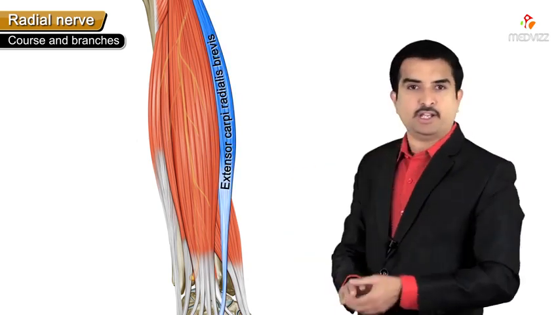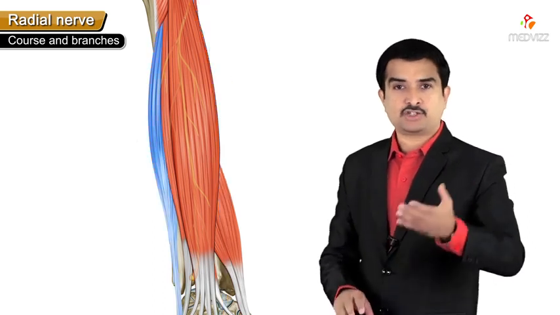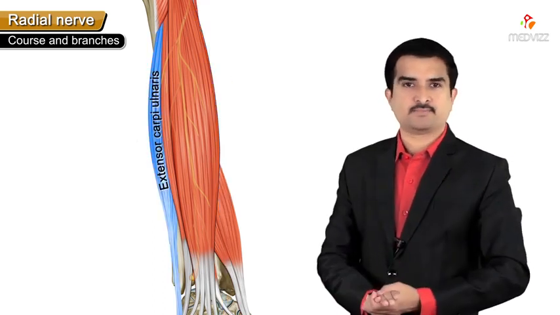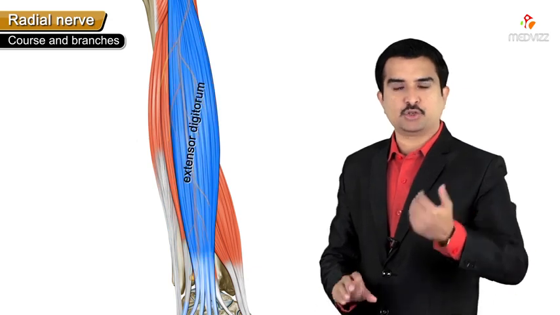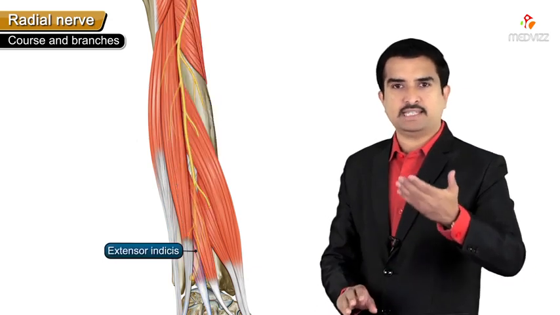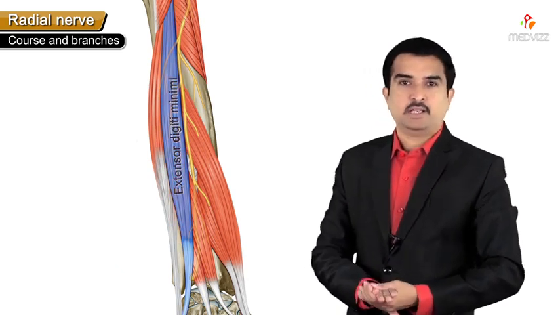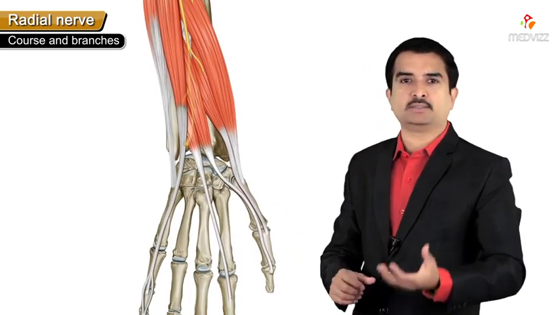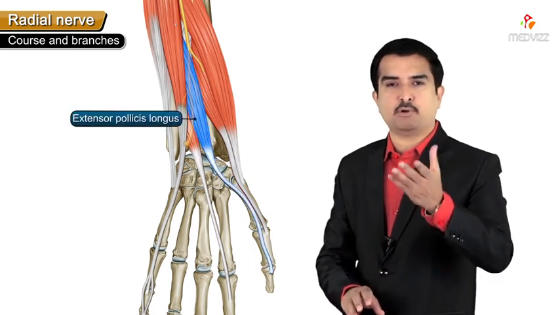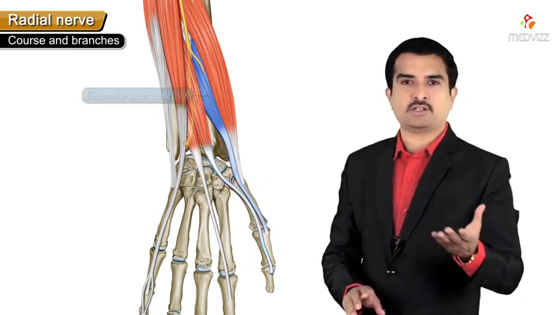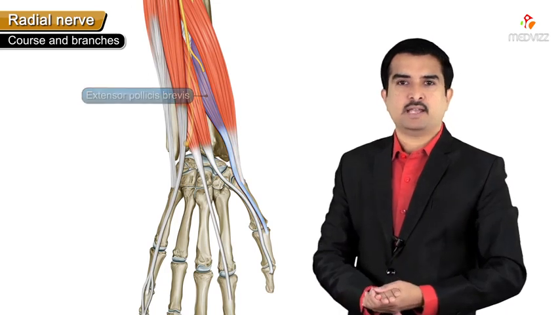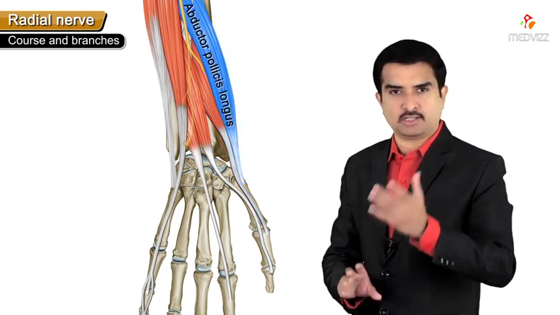Extensor carpi radialis brevis, extensor carpi ulnaris, extensor digitorum, extensor indicis, and extensor digiti minimi. It also innervates the long thumb muscles, that is extensor pollicis longus, extensor pollicis brevis, and abductor pollicis longus.